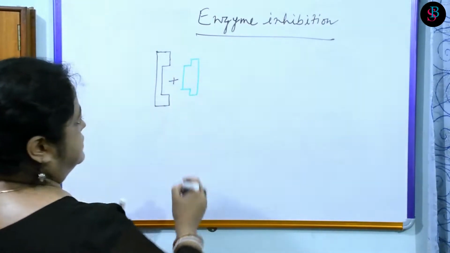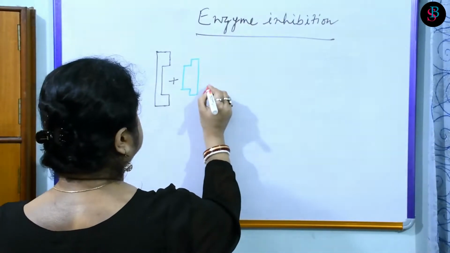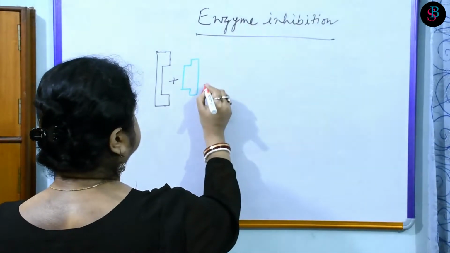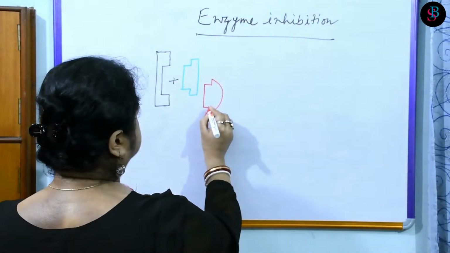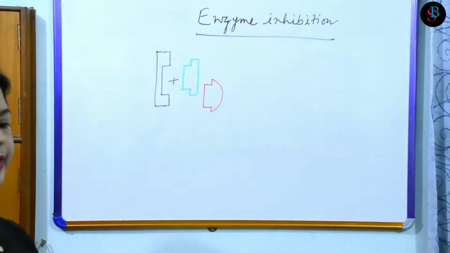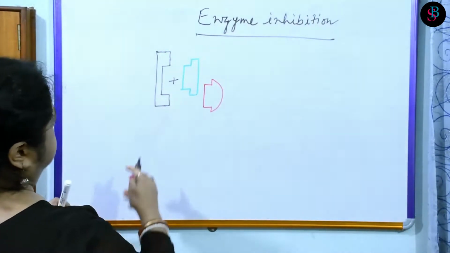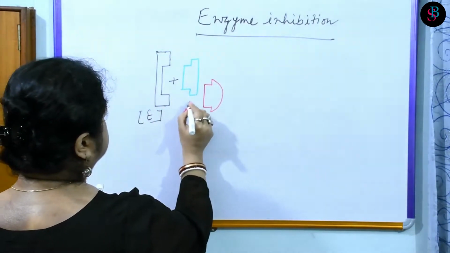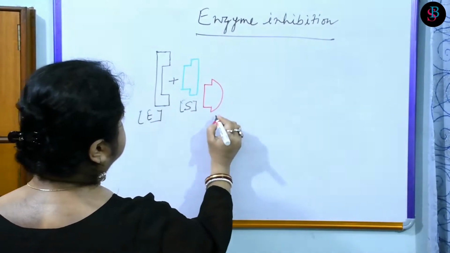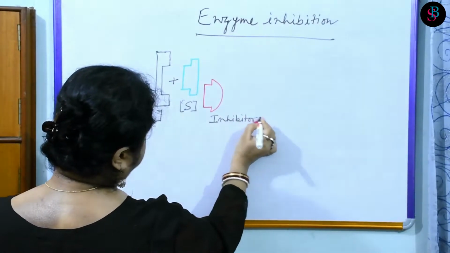This is the actual substrate, and the inhibitor should be of this kind, like that. This is the inhibitor. So this is the enzyme, this is the substrate, and this is the inhibitor or competitor.